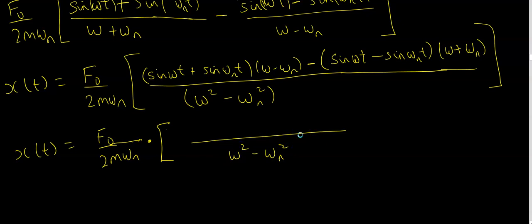But you can recognize that the sine omega t term multiplied by omega is going to basically disappear because of minus sine omega t by omega. And sine omega t by minus omega n is going to be added to minus sine omega t by omega n, so we'll end up with basically minus 2, and you can expand it and do it maybe better.